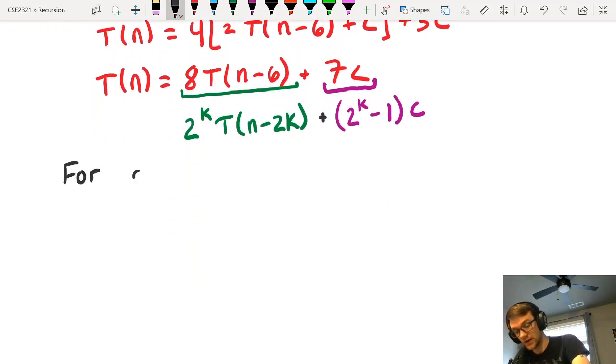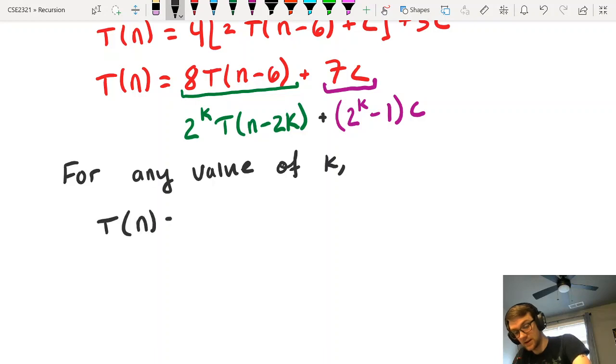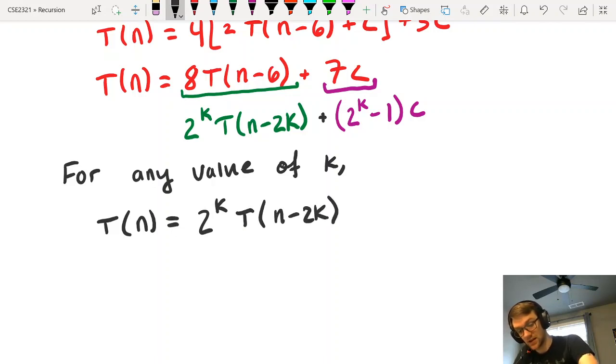So for any value of k, we have that t of n is equal to, my first term there looks like 2 to the k times t of n minus 2 times k plus 2 to the k minus 1 times c.